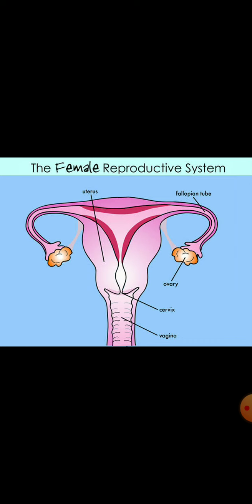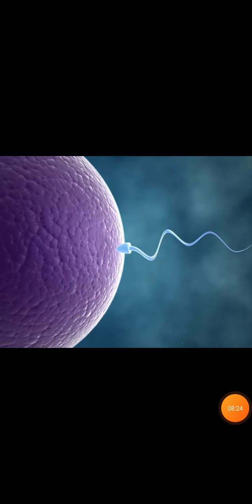Through the vagina it reaches the fallopian tube and there it meets an ovum. And when they meet, there is fertilization. What is fertilization? It is the fusion of a sperm and an ovum. Right? I am sure in standard 8 you have learned the fertilization process, wherein fusion of sperm and an ovum takes place.